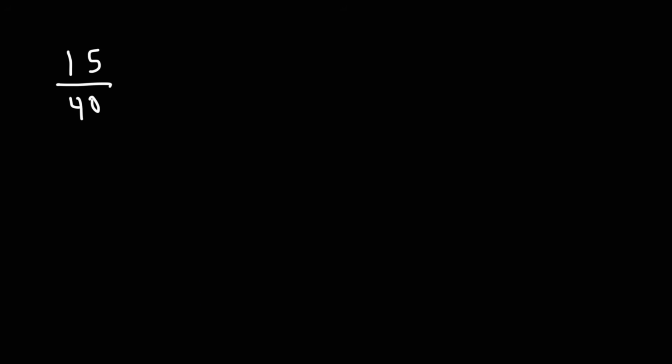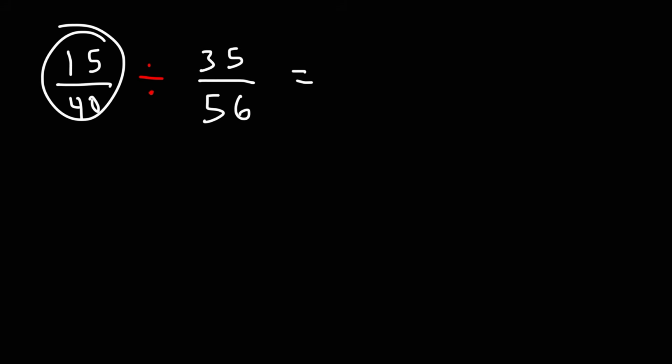Now let's talk about dividing two fractions. So let's say we have 15 over 40, and we wish to divide that by 35 over 56. How can we do this? Perhaps you heard of the expression keep, change, flip. What it means is that you need to keep the first fraction, so we're going to keep it the same way.